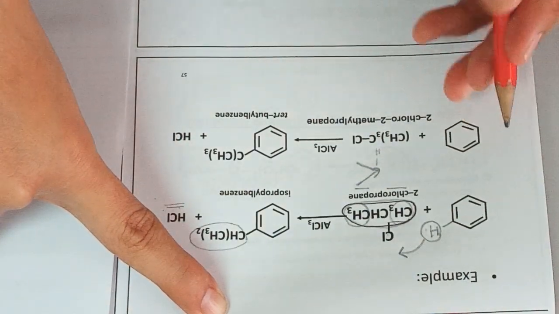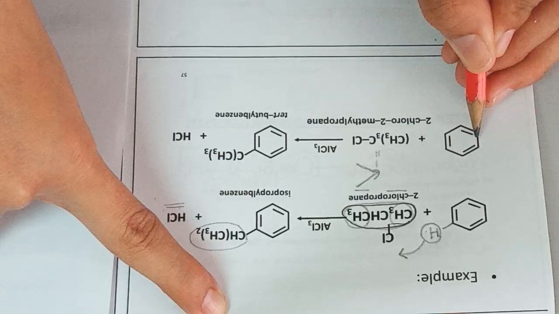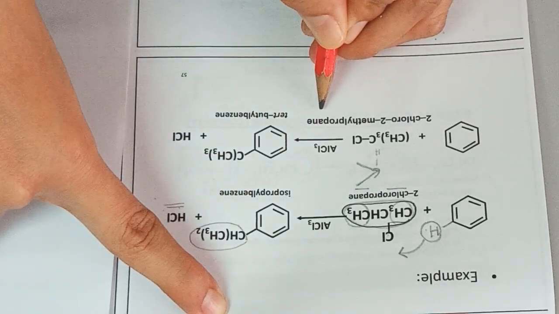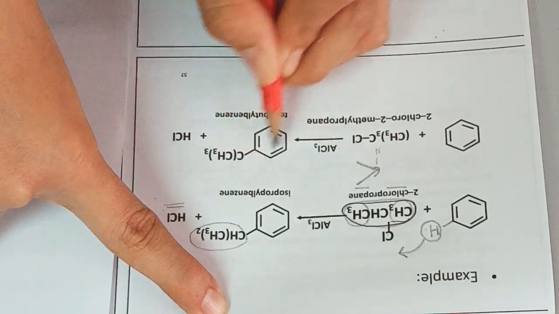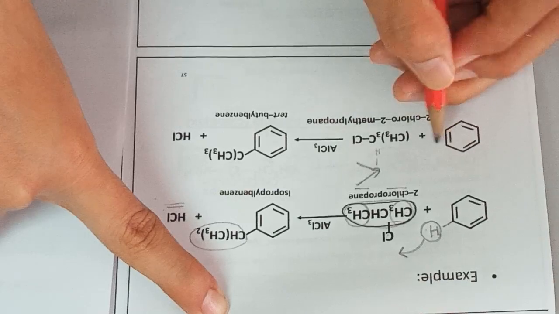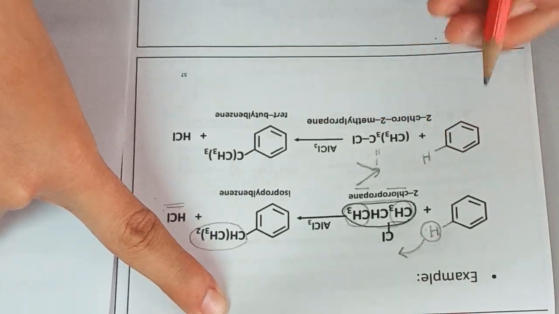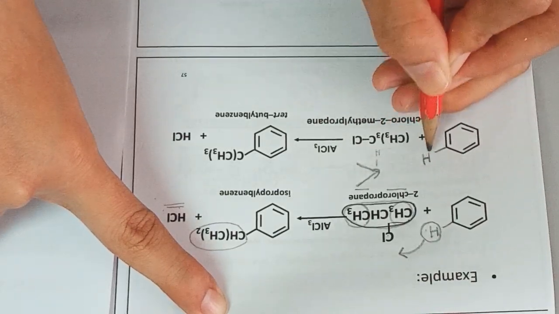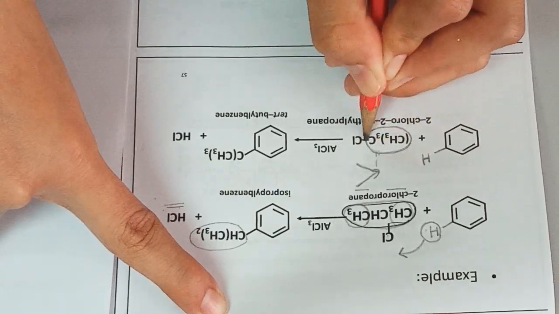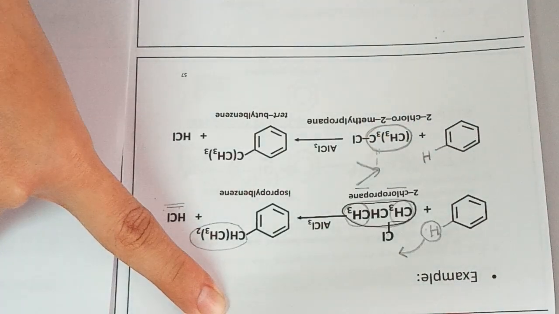We can see here benzene reacts with 2-chloro-2-methylpropane, and we form this kind of alkyl benzene and also the side product. Same thing: this hydrogen will be taken out and substituted with the alkyl group that comes from the haloalkane.